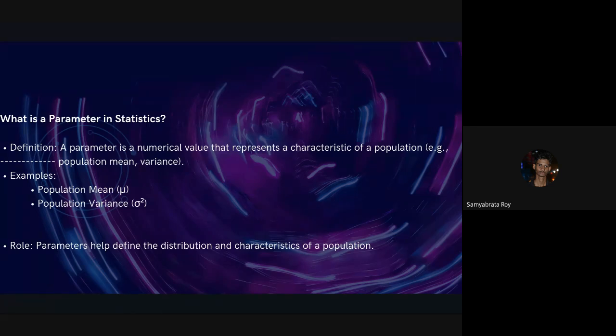In terms of finding it, we can just take the whole population and calculate over it. But that's not always feasible, as a population is often infinitely large or finitely but very large. So it's not feasible for us to deal with such a population to find these kinds of parameters.